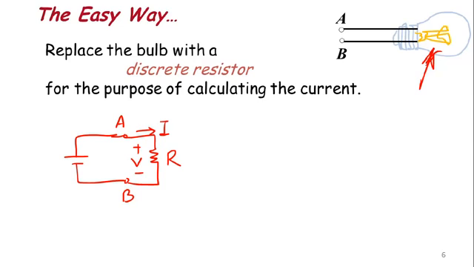By doing so, I can very quickly compute the current through the bulb using Ohm's law: the current I is simply V divided by R.